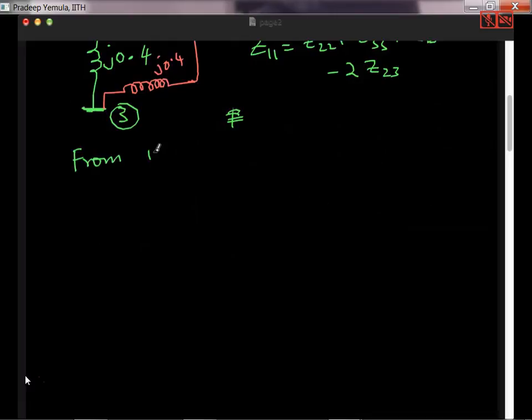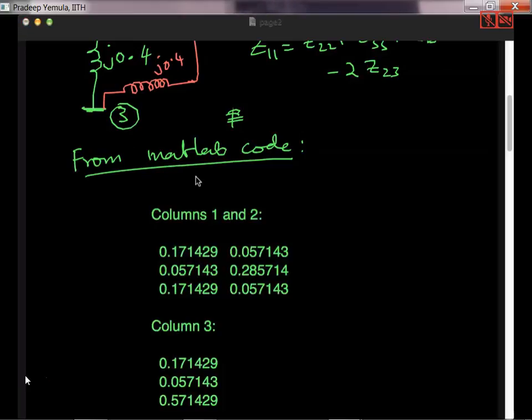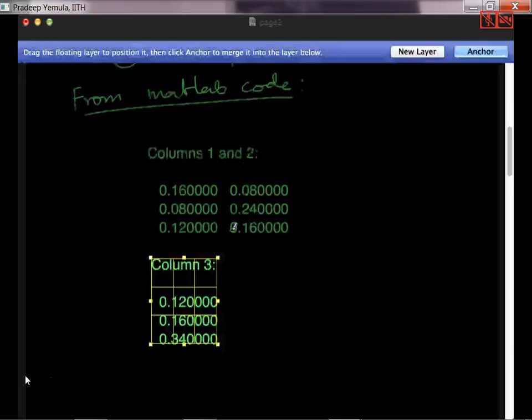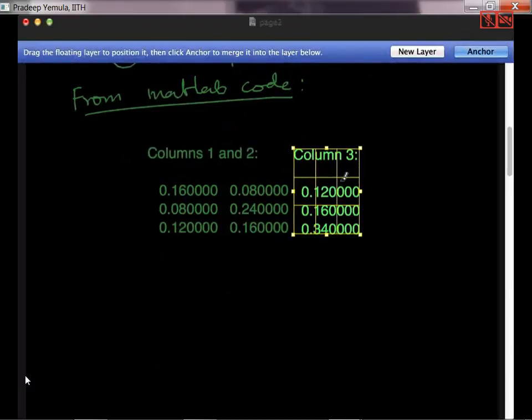So from the MATLAB code, this is my Z bus.